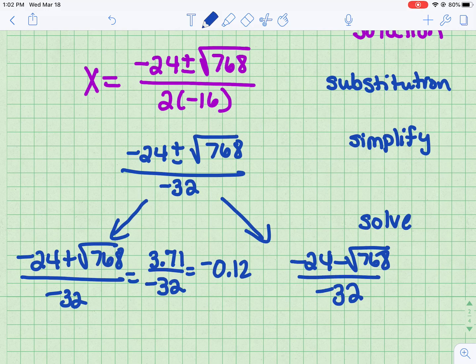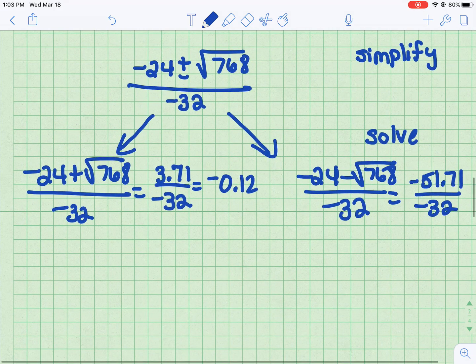Let's leave that for a minute and let's do the other answer. So negative 24 minus the square root of 768. I got negative 51.71, and then I divide by negative 32, and I get 1.62.